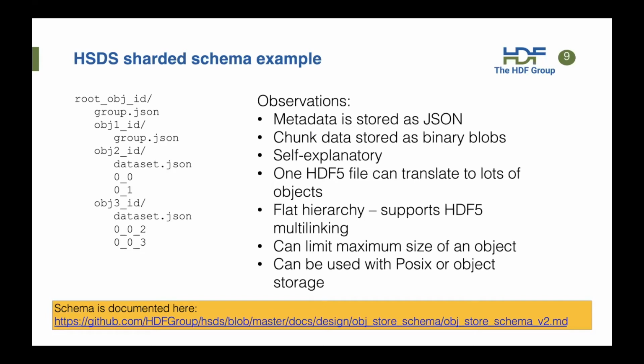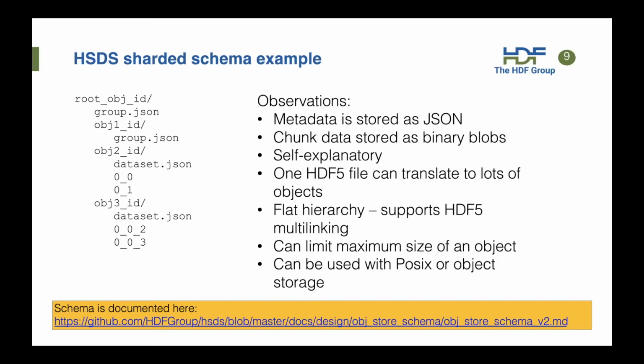And in object3 ID, we have the dataset JSON metadata and a 0_0_02 and a 0_0_03. So, just like with the HDF5 library, we don't allocate all the chunks at dataset creation time. They're allocated as data is written.